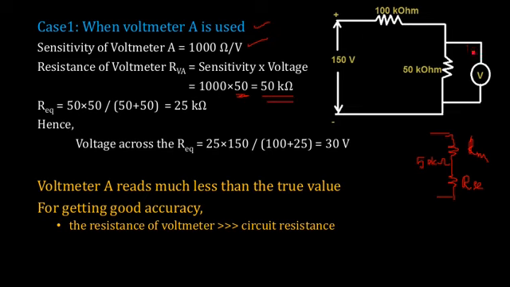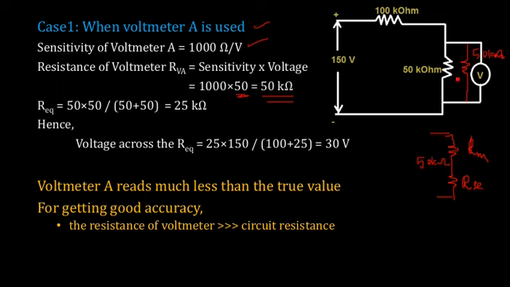Now once you have a 50 kilo ohm connected like this, what happens? What will be the equivalent value? It will be 25 kilo ohm because you have 50 and 50 in parallel.